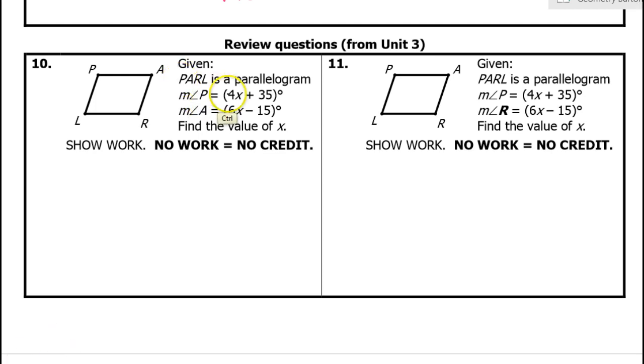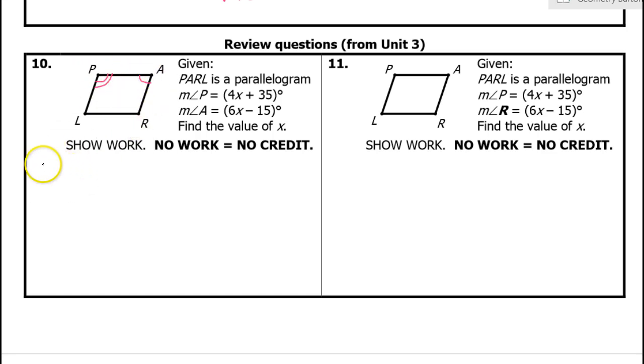All right, looking at number 10. We're given expressions for angle P and angle A. So angle P and angle A are consecutive angles in this parallelogram. Consecutive angles like this are supplementary. If they were across from each other, they would be congruent. But they're not. They're right next to each other, so they are supplementary.